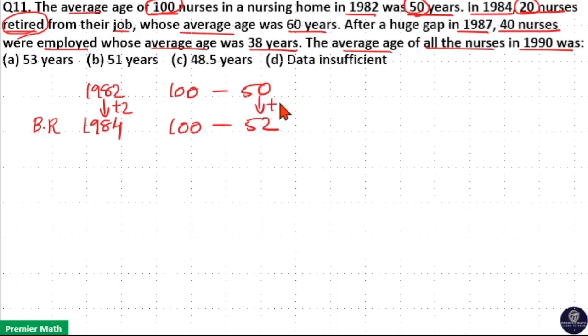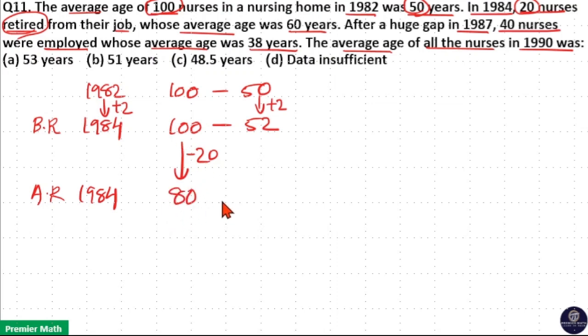So the average increment is plus 2. 50 plus 2 is 52. Now, after retirement of 20 people, that is after retirement in 1984, employees will become 100 minus 20, 80.